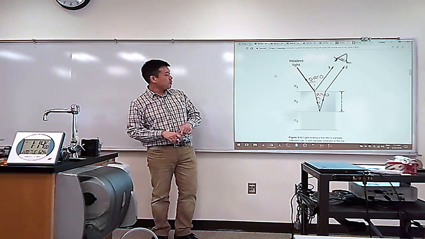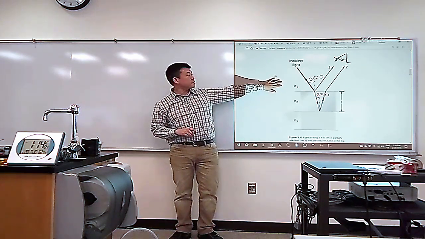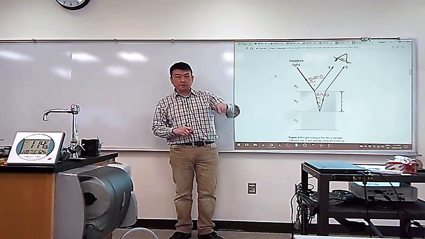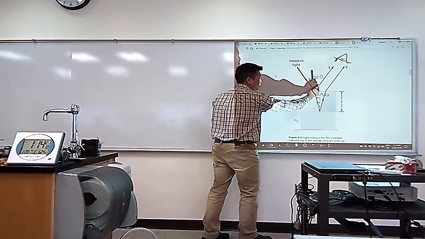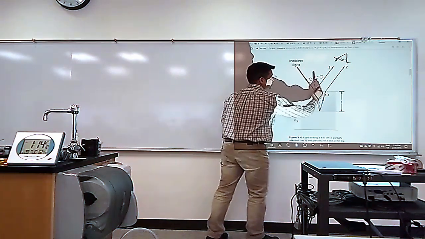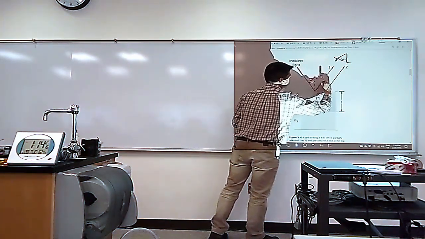When you are looking at thin film interference, what you are seeing is two beams. One beam reflects off of one reflective surface and comes to you. This is beam 1.